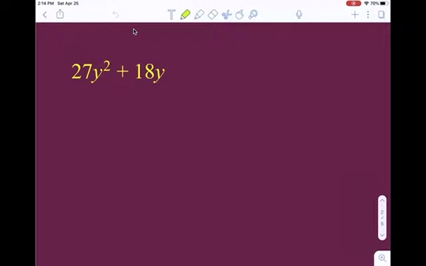So we've got 27y squared plus 18y. When you do factoring, the first thing I always look at is my coefficients. Usually there's something I can do with those to pull out the greatest common factor. In the book, they show this whole thing where you do the prime factorization and then you pull it out.